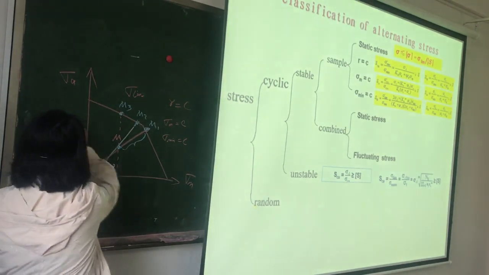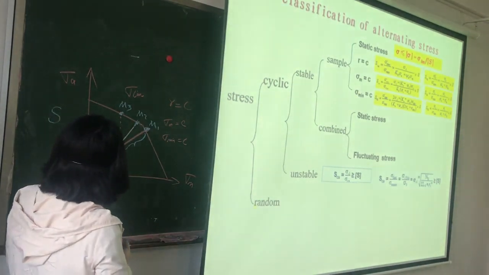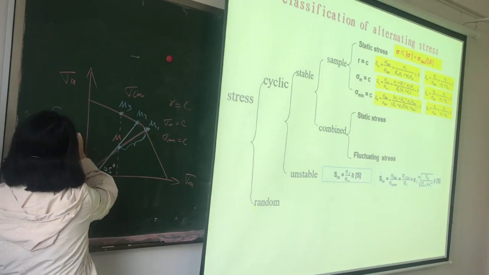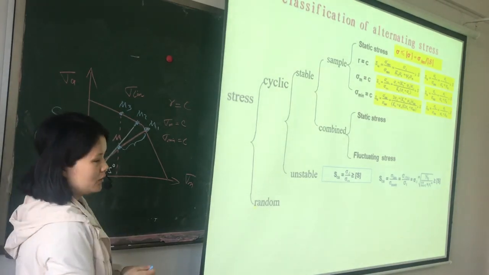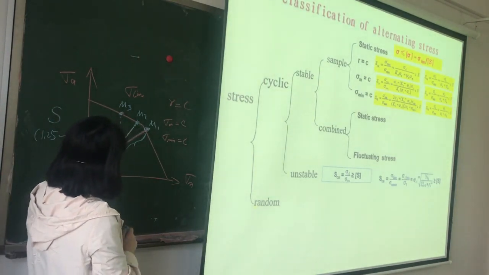This margin is the safety factor S, and S is usually 1.2 to 2.4, it's the factor value.